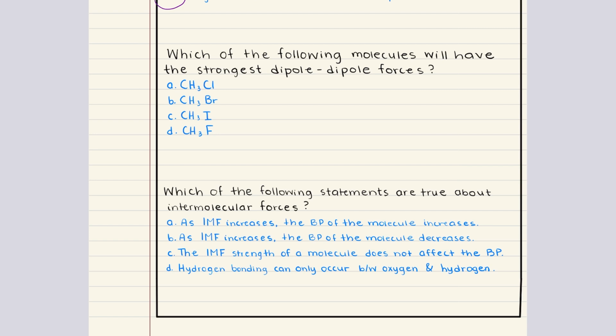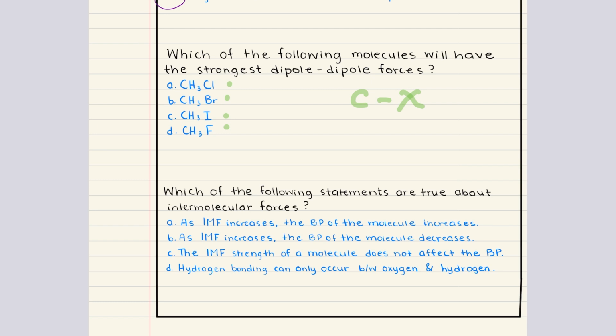When we look at our answer choices, we notice that all of these molecules are polar because they contain a carbon-halogen bond, where the halogen is chlorine, bromine, iodine, and fluorine. Now, the strength of the dipole-dipole force, again, depends on the electronegativity difference between carbon and the halogen.